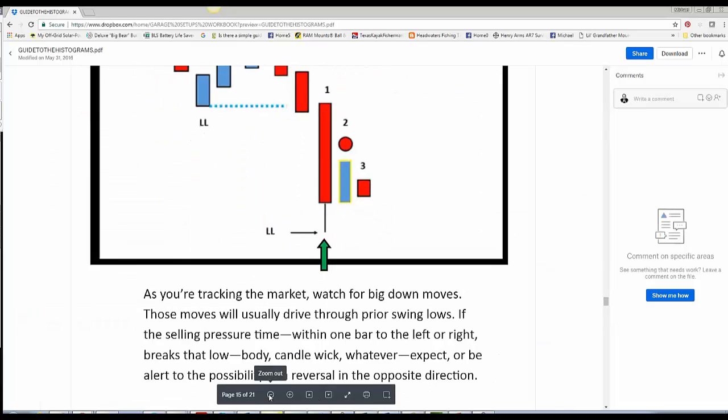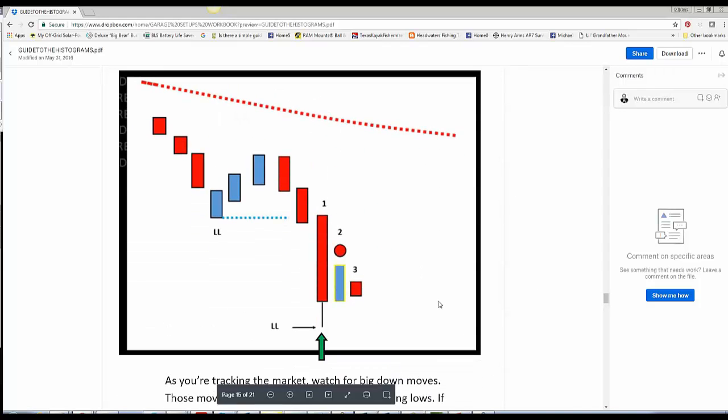So a pattern 4 is a signal where when we're expecting selling pressure, we arrive at a new low. And either the candle to the left or the candle to the right is a new low as well.